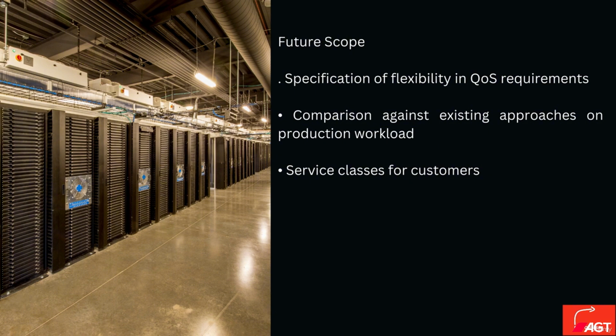Comparison against existing approaches on production workload. When it comes to cloud security, it's critical to evaluate how well current approaches perform on such workloads. This entails examining a cloud provider's security posture and their capacity to defend against known attacks and vulnerabilities. Using a standardized framework, such as the Cloud Controls Matrix, CCM, from the Cloud Security Alliance, CSA, which offers a set of controls and best practices for cloud security, is one method for evaluating cloud providers.